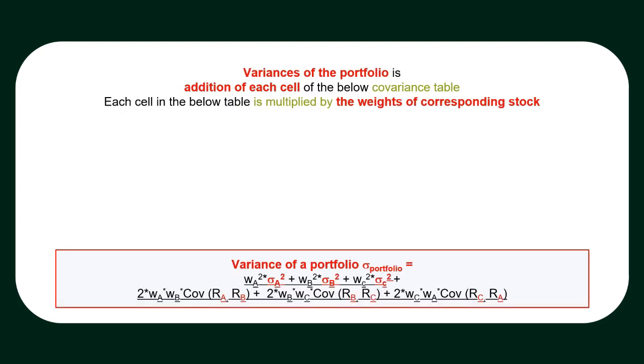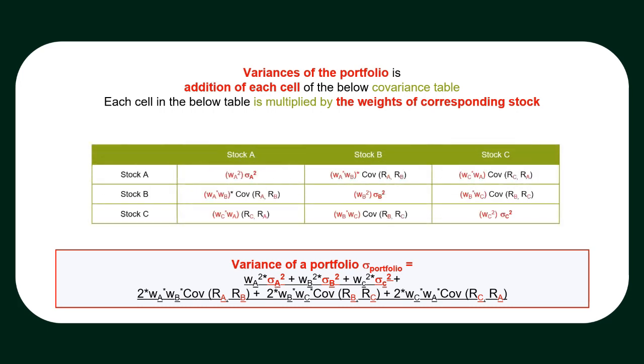Variance of the portfolio is addition of each cell of the below covariance table. Kindly note, each cell in the below table is multiplied by the weights of corresponding stock. Variance of the portfolio with n stocks could be expanded by calculating variance between each pair of stock.